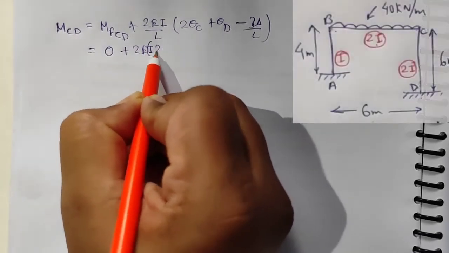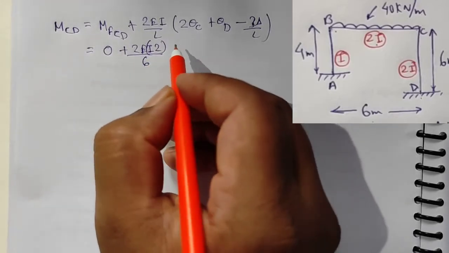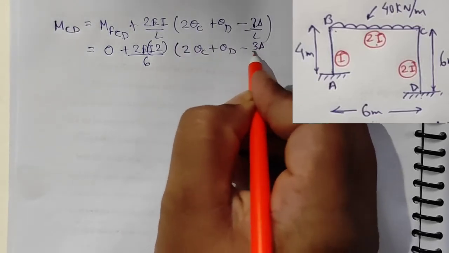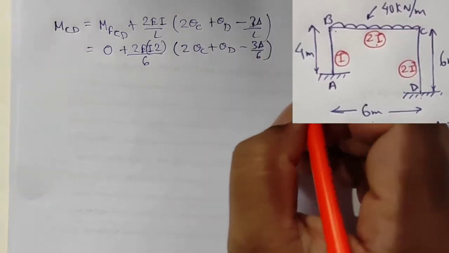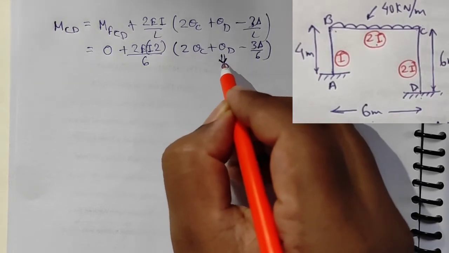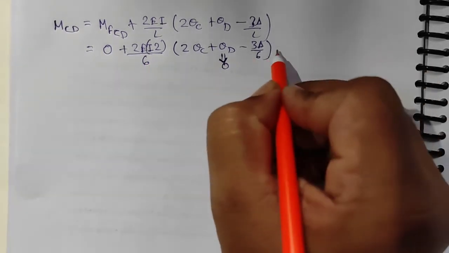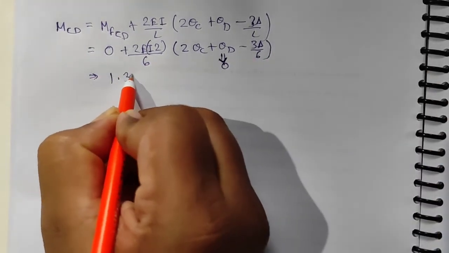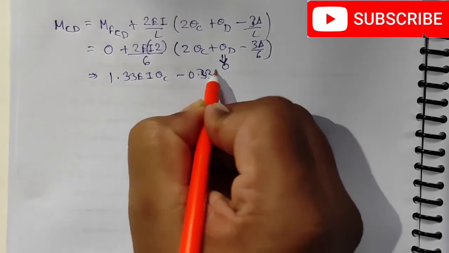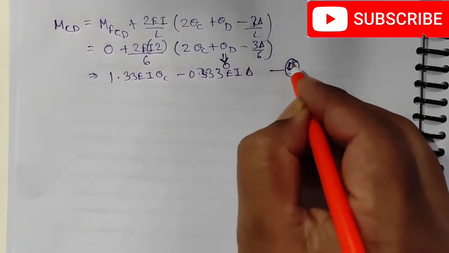Again the value of I is 2I, and the length of the member is 6 meter, multiplied by 2 theta C plus theta D minus 3 del upon 6. Here the value of theta D I will take as 0, as previously mentioned that the end is a fixed end. After solving, I will get 1.33 EI theta C minus 0.333 EI del. So I will label it as equation number 5.